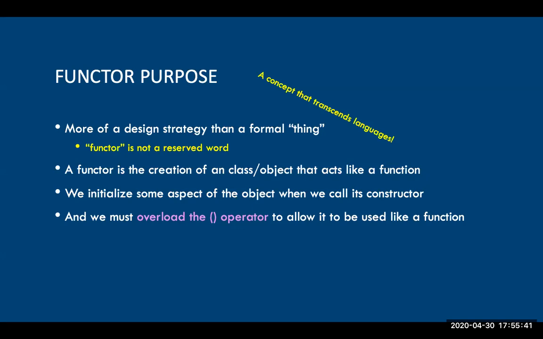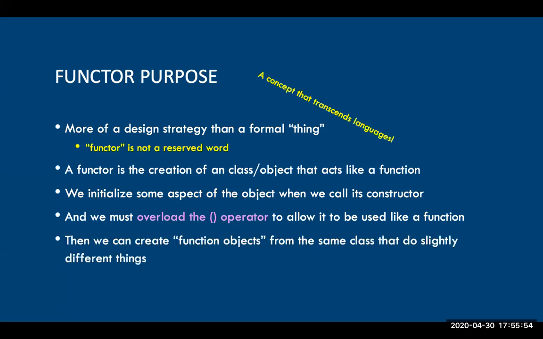Much in the same way, if we put a star after the name of an instance where we've overloaded the multiply operator, then it would think, oh, you're calling the multiplication overload. So this is a new overload we haven't really seen before. And so with that, we can create this notion of functional objects, an instance of a class that acts like a function when I use the name of the instance. So the name of the instance becomes the actual name of the function that I want to call, right?